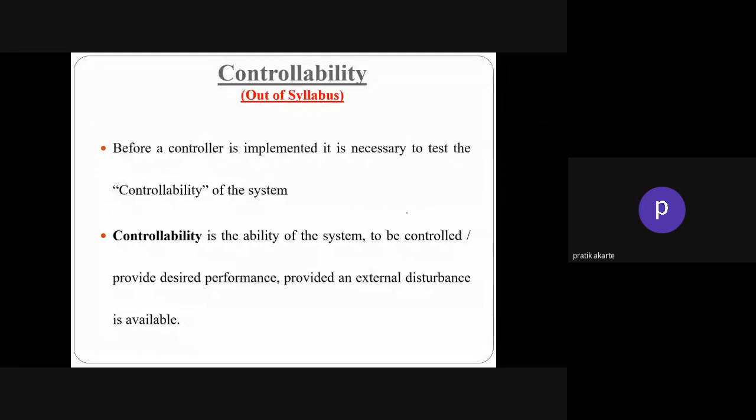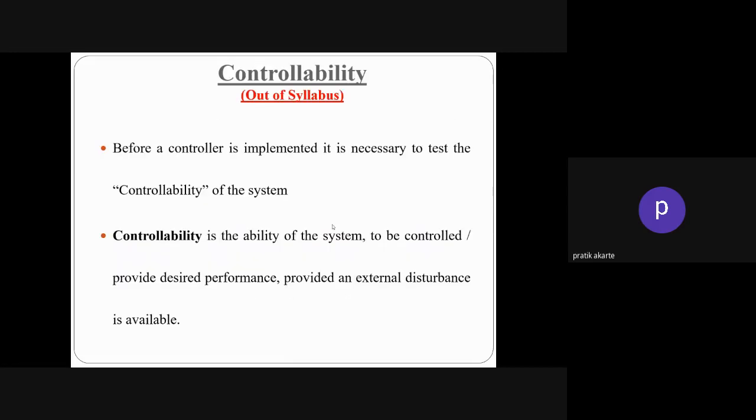If that air conditioning system is capable of maintaining the temperature at the desired value or input value, then the system is said to have good controllability, irrespective of the external disturbances. So that is called controllability.